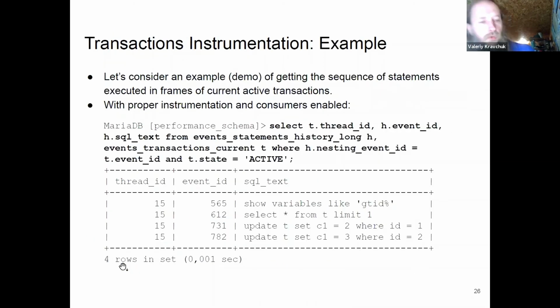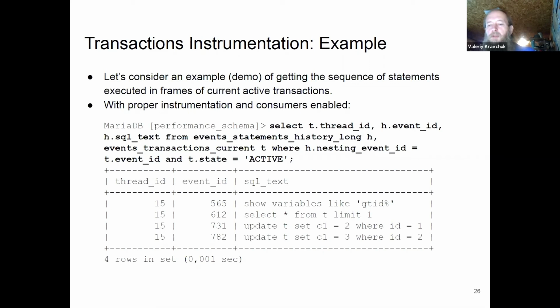I will not show you this live, but for a similar kind of test, you can now easily answer the question that is quite popular among customers. So I have a long waiting transaction, or I have a deadlock. For transactions involved, I can see only the current statement in the SHOW ENGINE INNODB STATUS output.